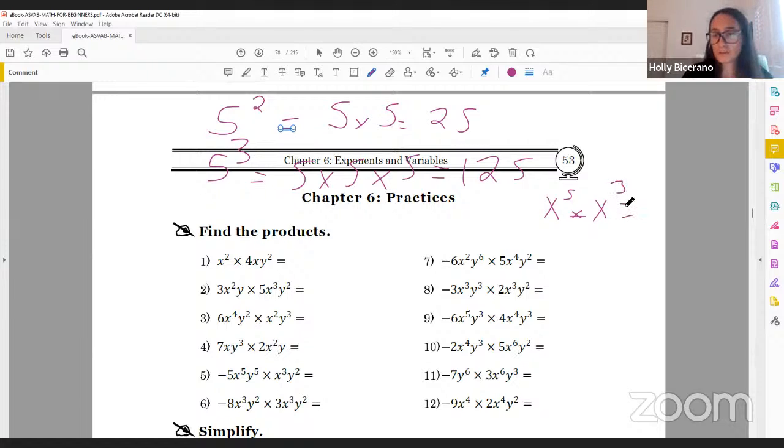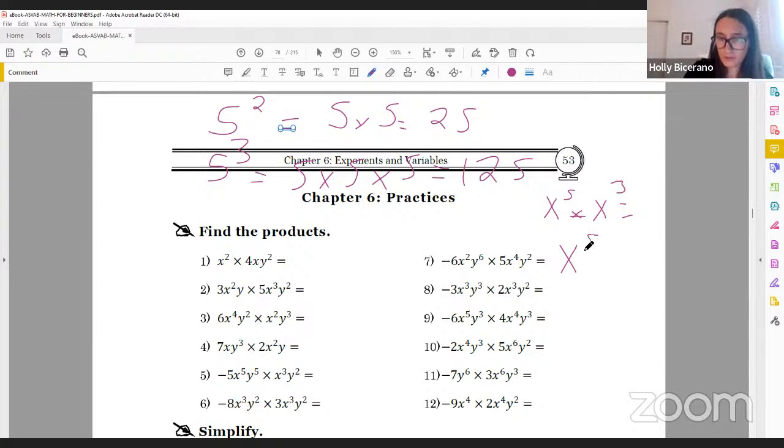So here we are multiplying. We have the same base, so that's important. The same base, it's x. And we said we add the powers. So this will keep the base the same. It's still x. It didn't change at all. And then you're adding the powers.